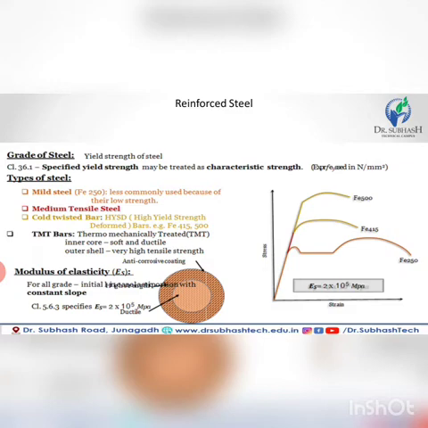Medium tensile steel, cold twisted bar, HYSD bar, high yield strength deform bar. TMT bar, thermomechanically treated bar. Inner core soft and ductile, outer shell of very high tensile strength, modulus of elasticity 2 into 10 raised to 5 megapascal.